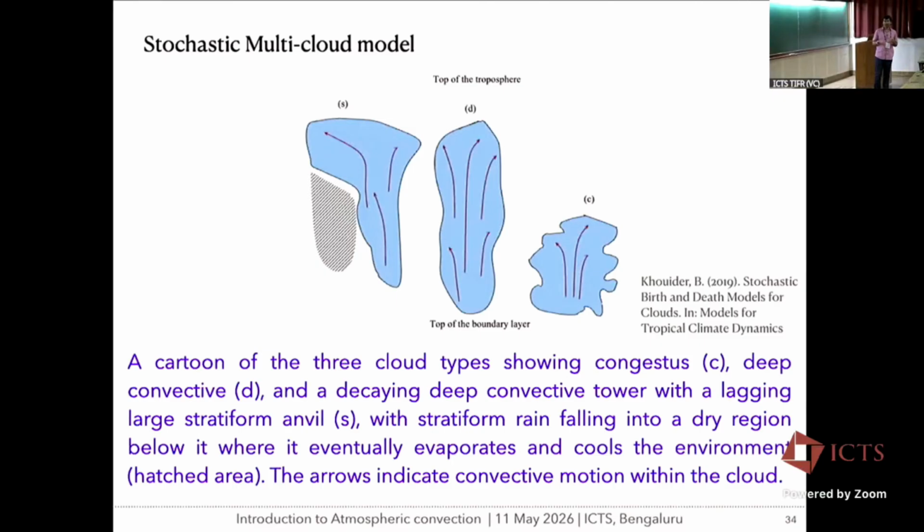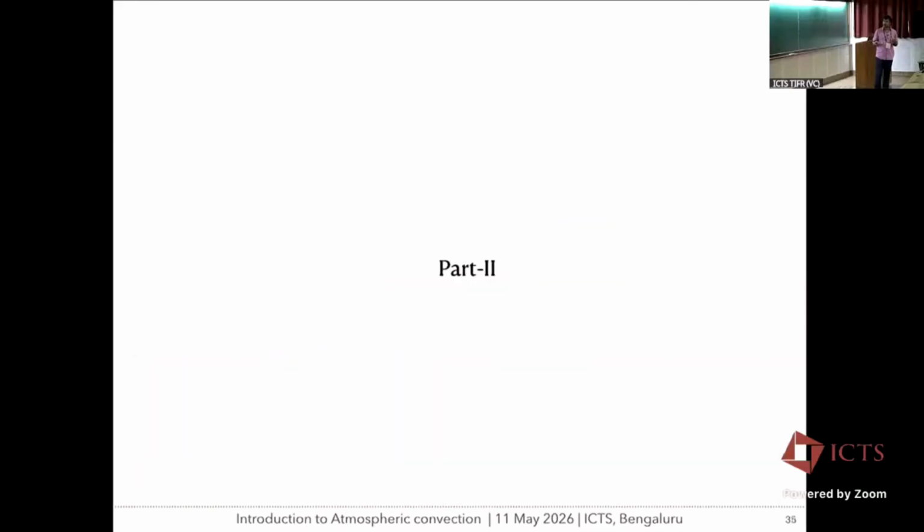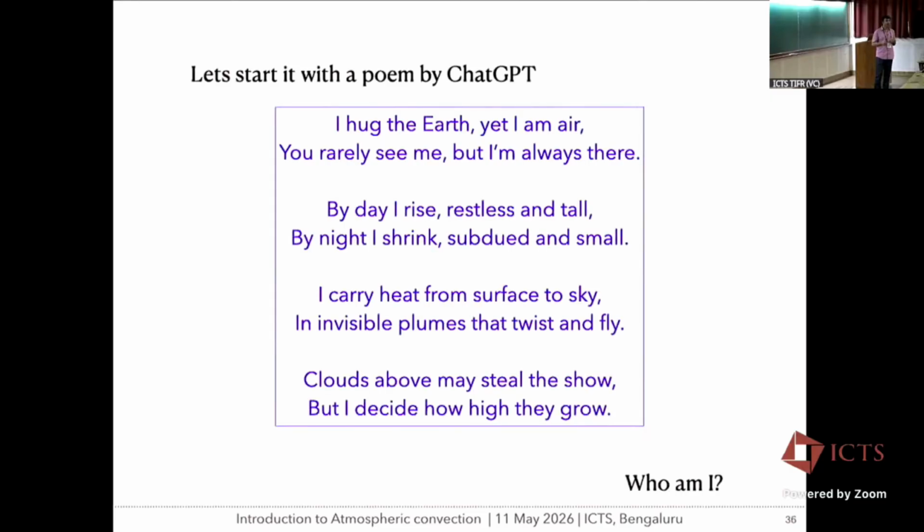Yeah, I'm just trying to think, how do I go to the next part of my talk? Because I'm going to change gear, I'm going to start it with a poem.